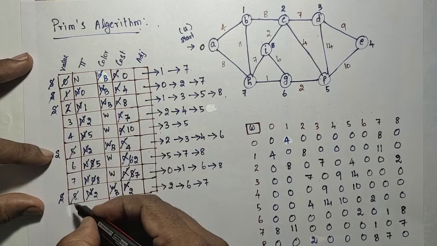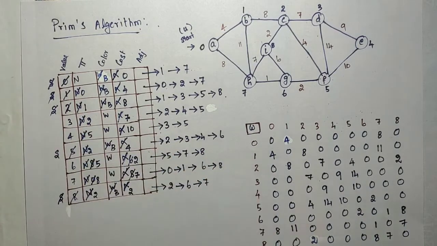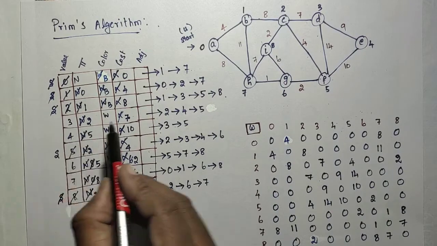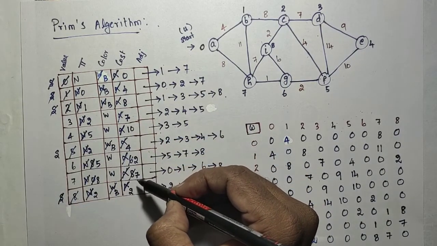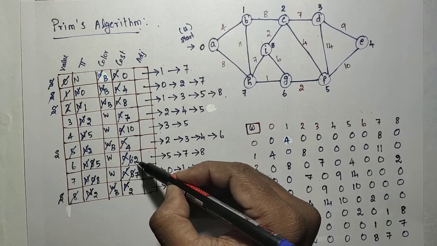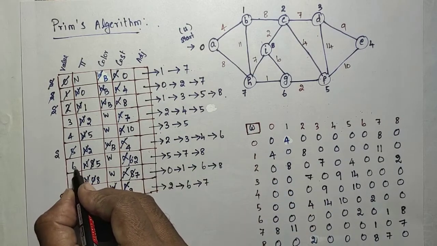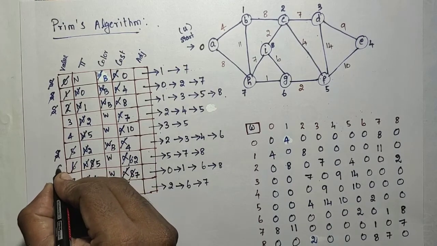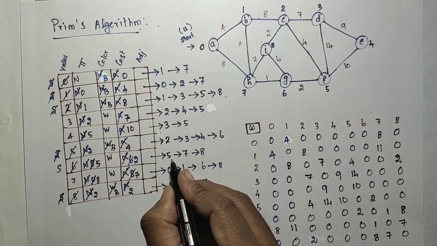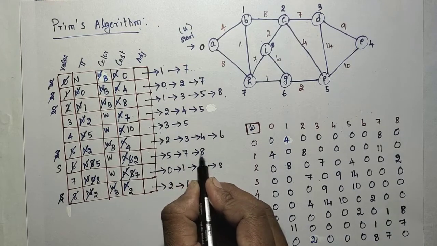All others are visited, so all others are extracted from the queue. So between the costs 7, 10, 2, and 7, the least cost is 2. So I need to extract the 6. That will be marked as yes.